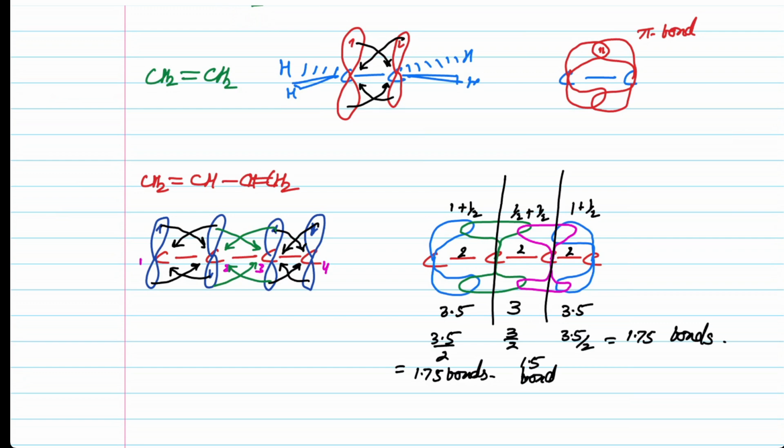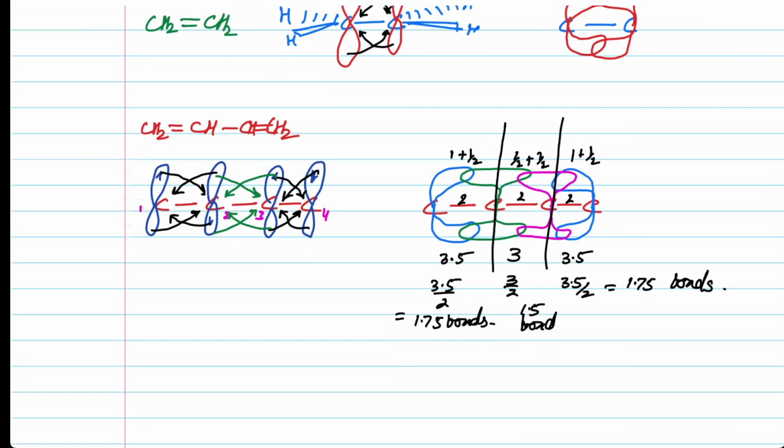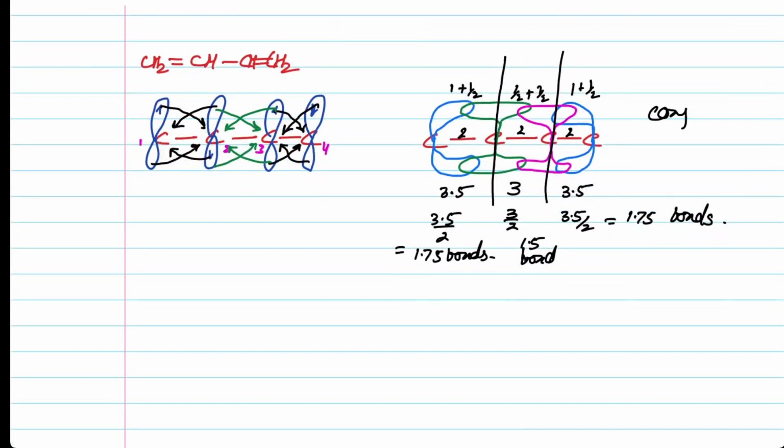So here, the electron cloud has got delocalized over the entire molecule due to the overlap of unhybridized orbitals, most often p orbitals. This particular delocalization is termed as conjugation.